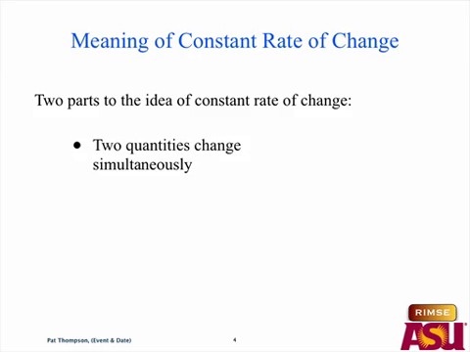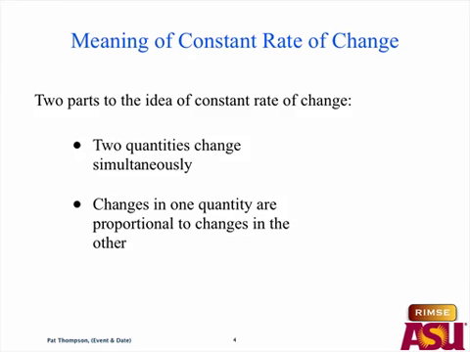The second part is, very specifically, how do they change together? Changes in one quantity are proportional to changes in the other. So 2 quantities changing simultaneously is really any kind of covariation. Constant rate of change is a very specific kind of covariation where changes in one quantity are proportional to changes in the other.